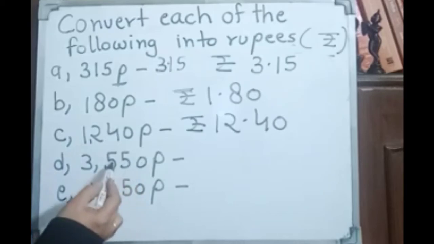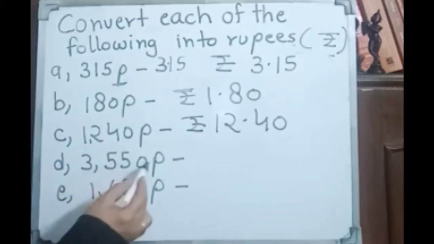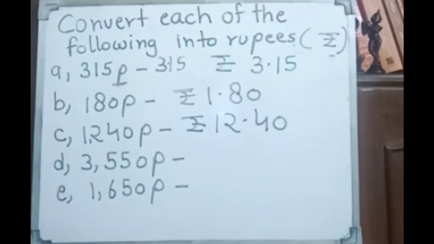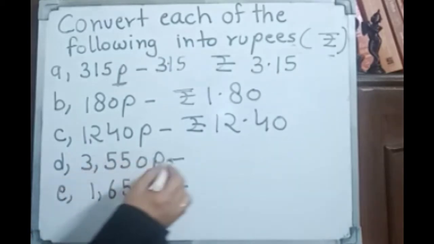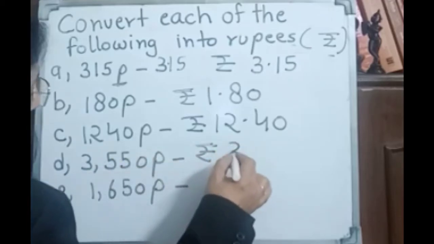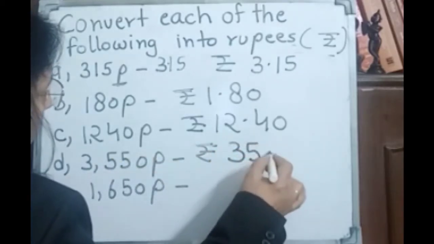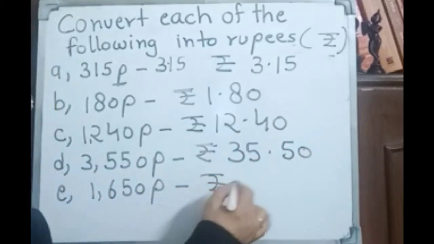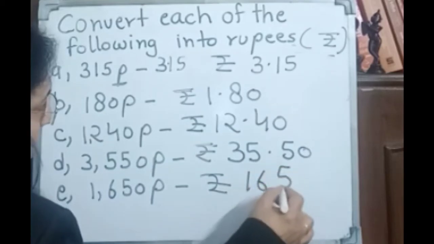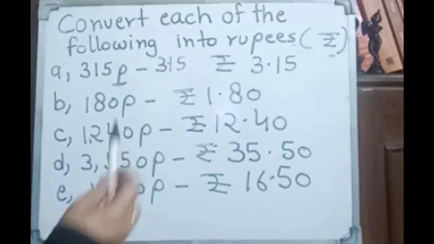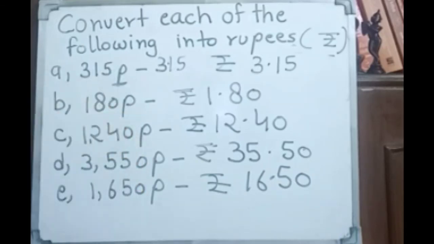Again we have ones, tens, hundreds, thousands, where we separate digits. After ones, tens, hundreds we put a comma according to the number rule. But here, when we are doing this, we put the symbol of rupees and then 3,350. So what to do? Rupees 16.50. Remove paisa, remove the comma and put the dot after ones and tens.